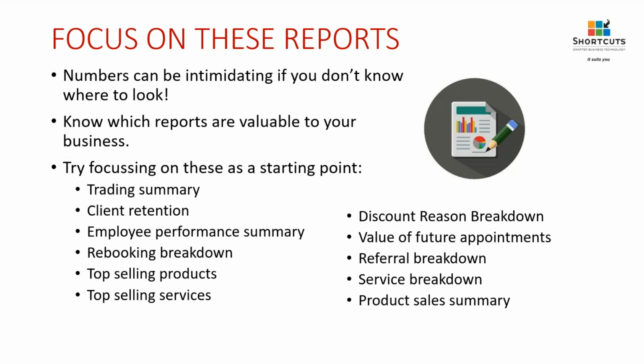Look at your rebooking breakdown, top selling products, top selling services. If you're a salon or a spa that actually uses discounts, find out what your most popular discounts are and even which staff members are giving those out. Look at your value of future appointments. Look at your referral breakdown, service breakdown, and of course, product sales summary.